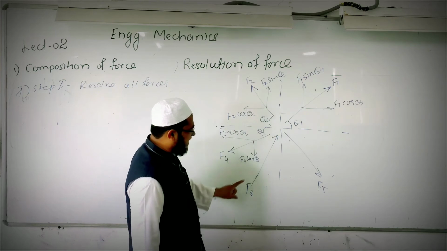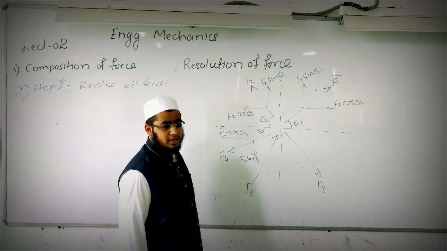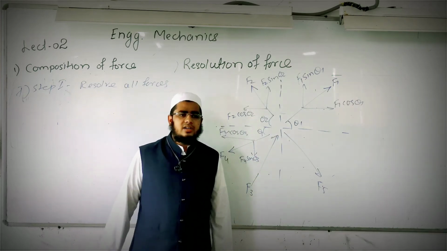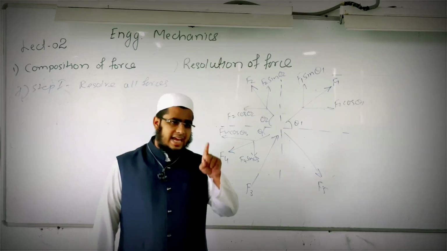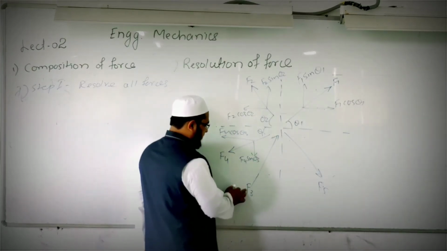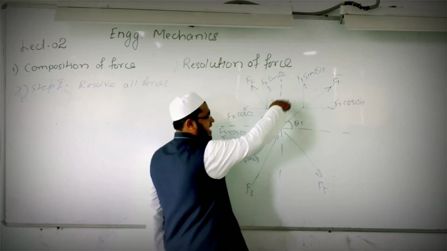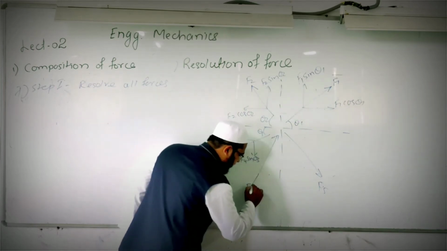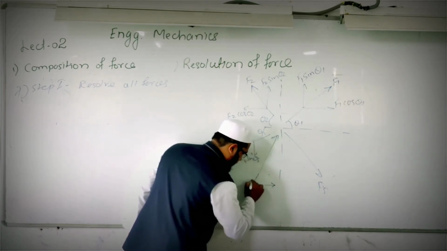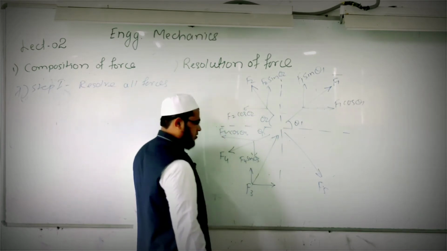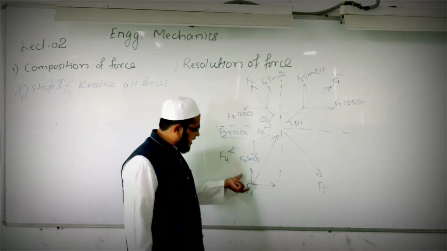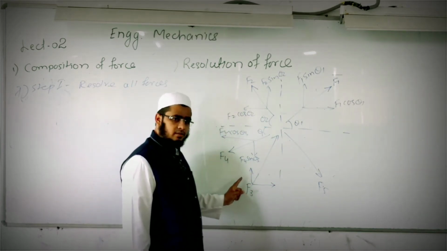seems like it is acting in the third quadrant, but always remember the quadrant depends on the direction of the force. Here this F3 is directed in the first quadrant, that's why it is acting in the first quadrant. The quadrant is very important to decide the direction of the component.